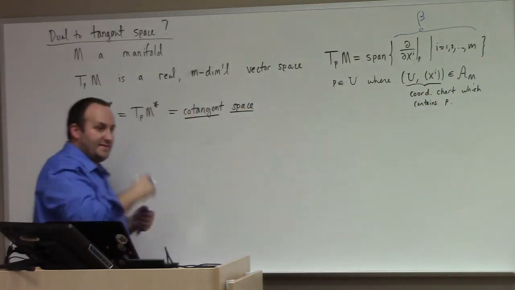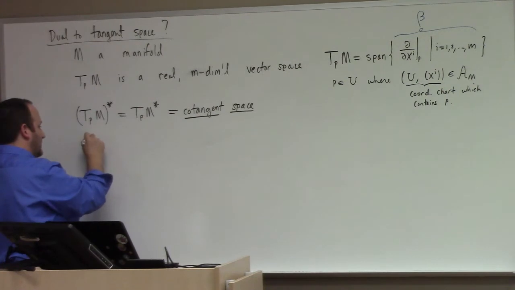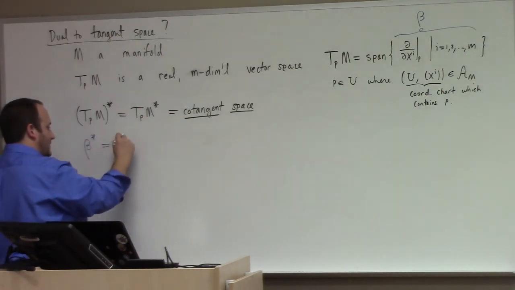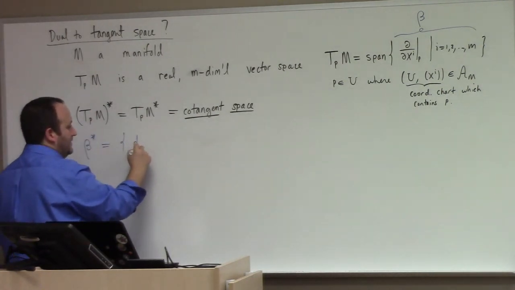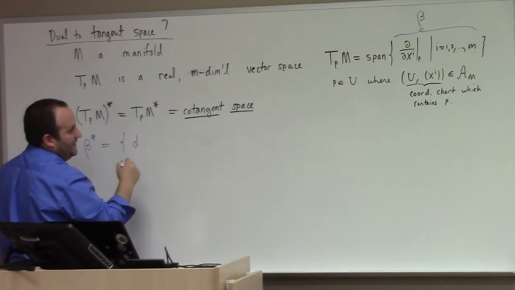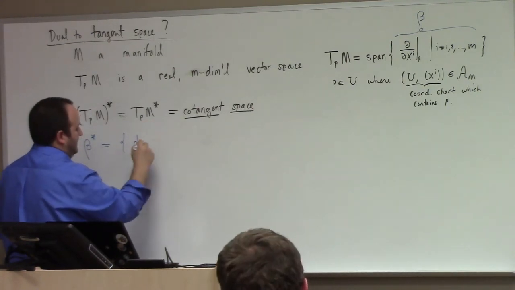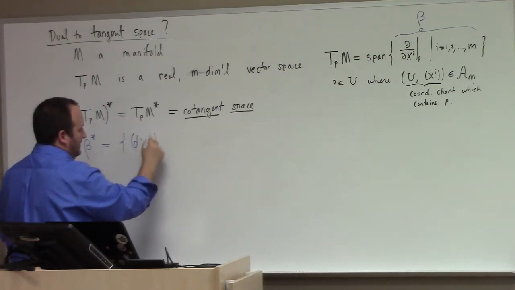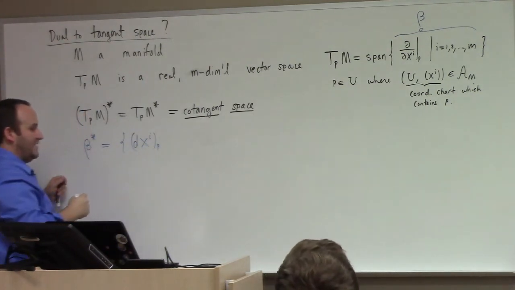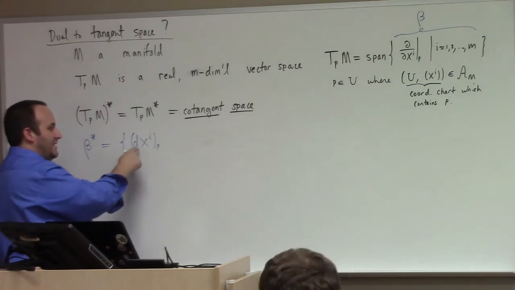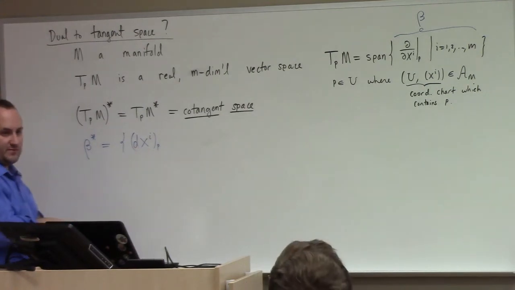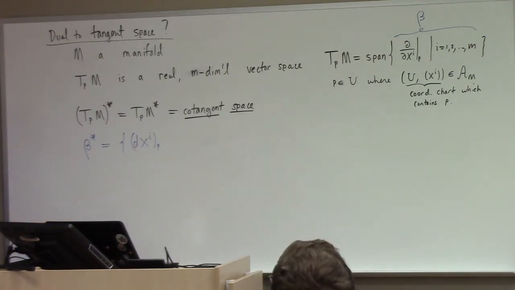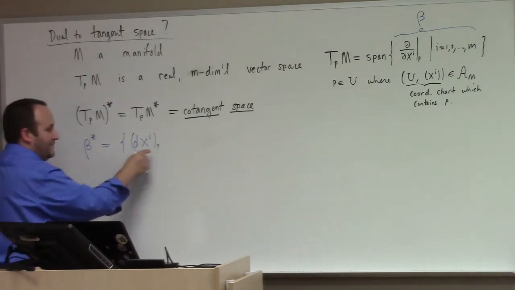So the dual basis to that basis, beta dual, is the following: it is dx^i. I debate whether to put the P over here, and I guess that's fine. I sometimes in the past have put P over there, so don't read too much into that. I can't make up my mind where the P should go.